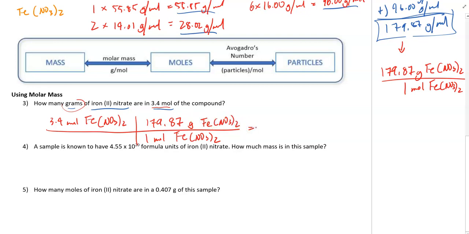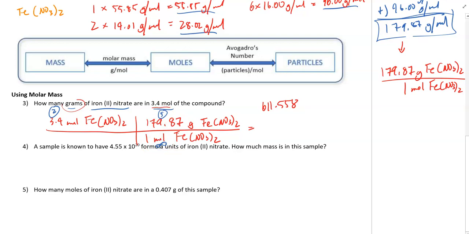And there you go. That's how you do some work. Your calculator will give you a number like 611.558 for this one. And checking our significant figures, this one has 2. This one has 5. This one right here is infinite.